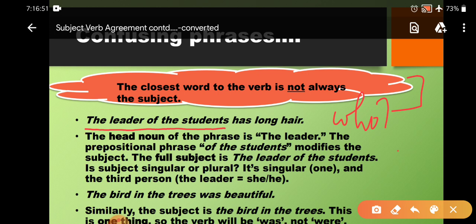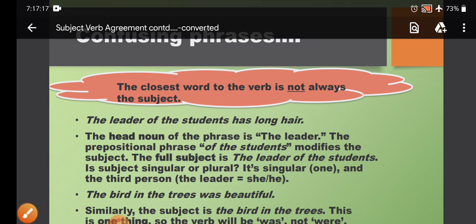Are we talking about students? No, not at all. Are we talking about the leader? Yes. So actually, we want to say the leader has long hair. It is as good as saying the leader of the students has long hair.